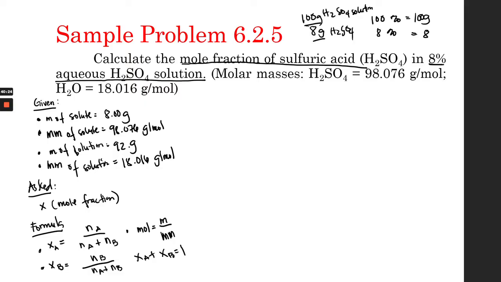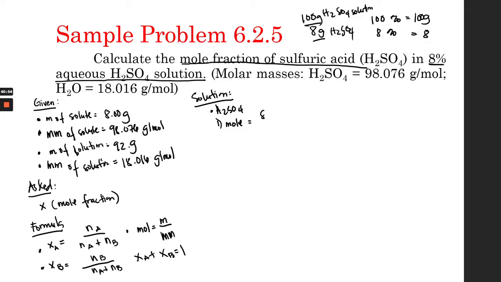So let's begin by looking for the mole fraction of H2SO4, sulfuric acid. In order to do that, we have to get the moles first. We just have to get the mass of the solute, which is H2SO4, and divide it by its molecular mass.